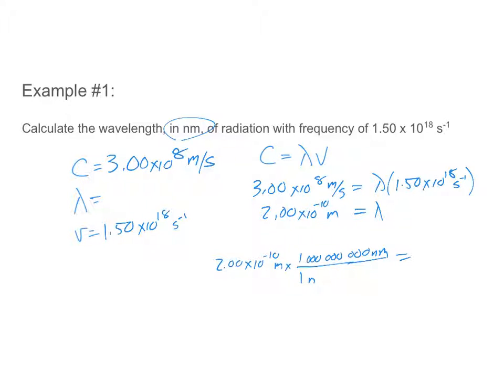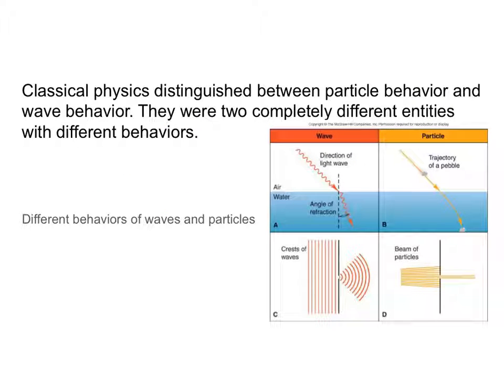And when I plug that in the calculator, we get something like 0.2 nanometers. In this case, we generally are going to take our sig figs from the numbers in the problem. So this one has 3 sig figs, so my answer has to have 3 sig figs. Okay?